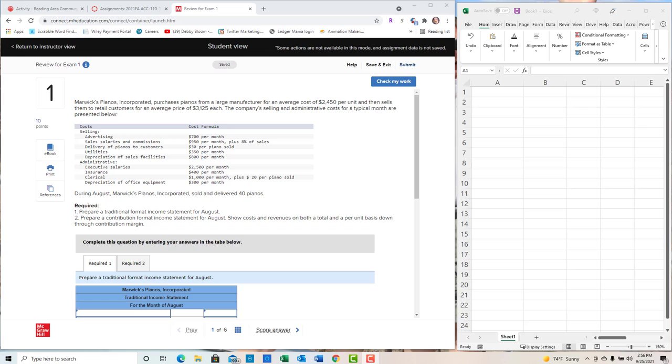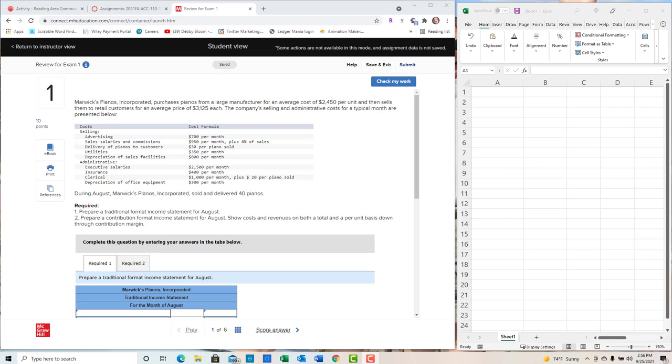So, in the problem, we're given Marwick's Pianos Incorporated purchases pianos from a large manufacturer for an average cost of $2,450 per unit. That's going to determine our cost of goods sold, which is all variable, and then sells them to retail customers for an average price of $3,125.